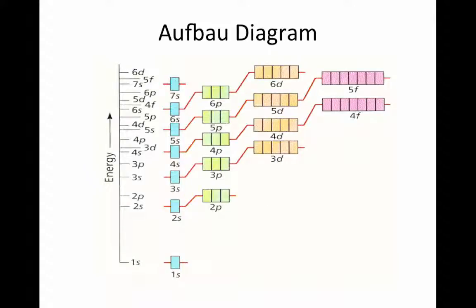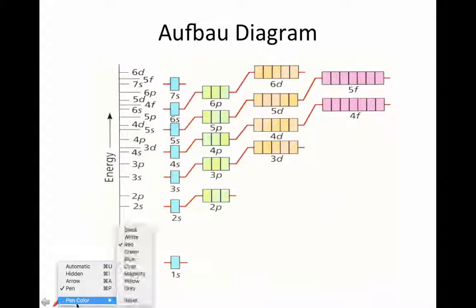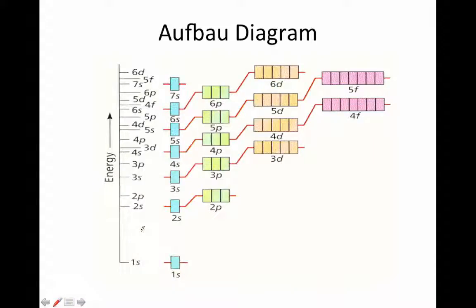This is called an Aufbau diagram. I want to make sure that I'm drawing in black. By default, for some reason, it's going to red. The Aufbau diagram really is like the Hog Hilton. So this is the blueprint for the Hog Hilton, and that is incredibly sloppy.